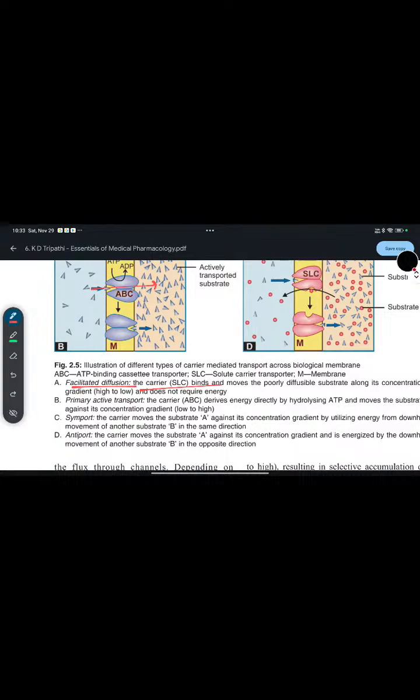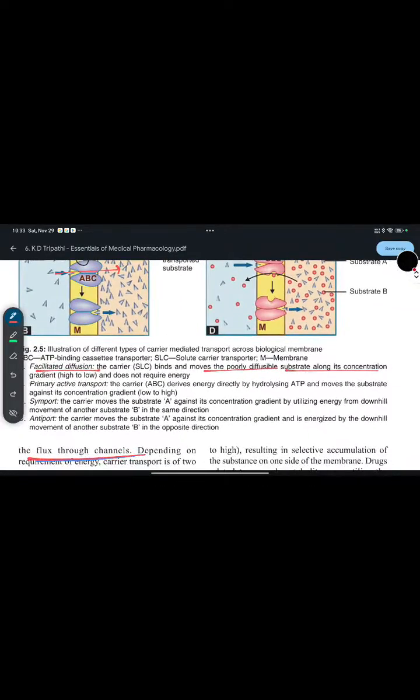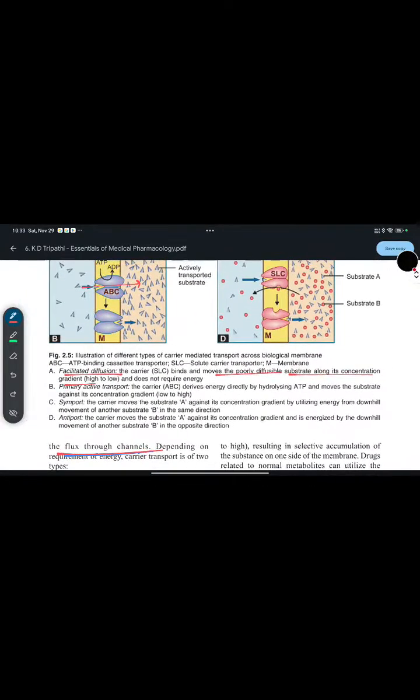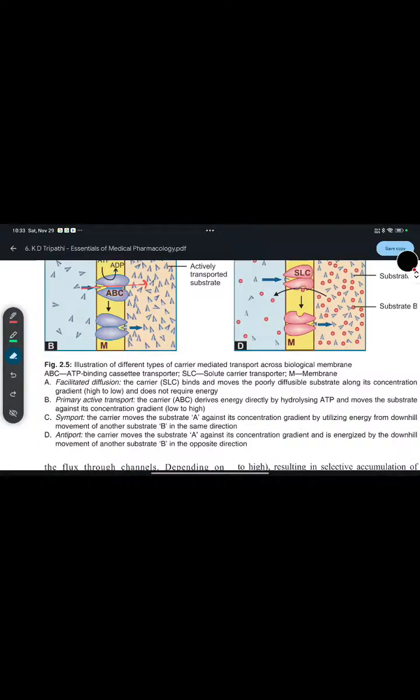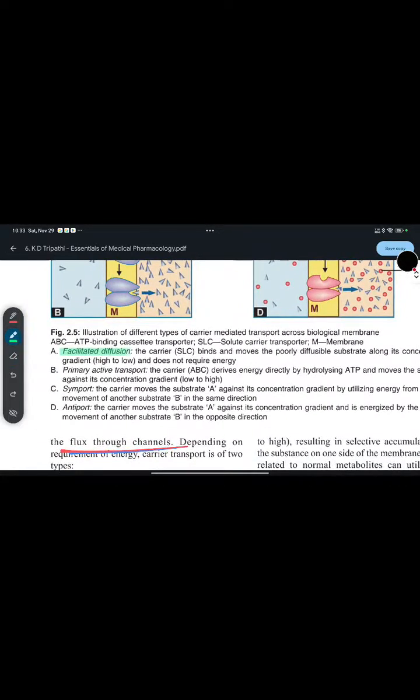The solute carrier transporter binds and moves poorly diffusible substance along the concentration gradient from high concentration to low concentration, and doesn't require any energy. So facilitated diffusion, you have to remember, doesn't require any kind of energy, and it will bind the substance, and it will transport the substance from high concentration to low concentration.